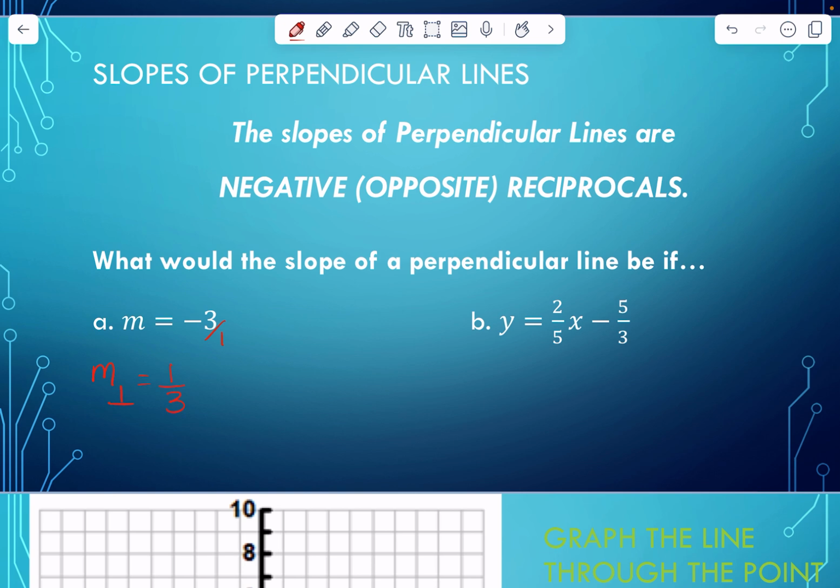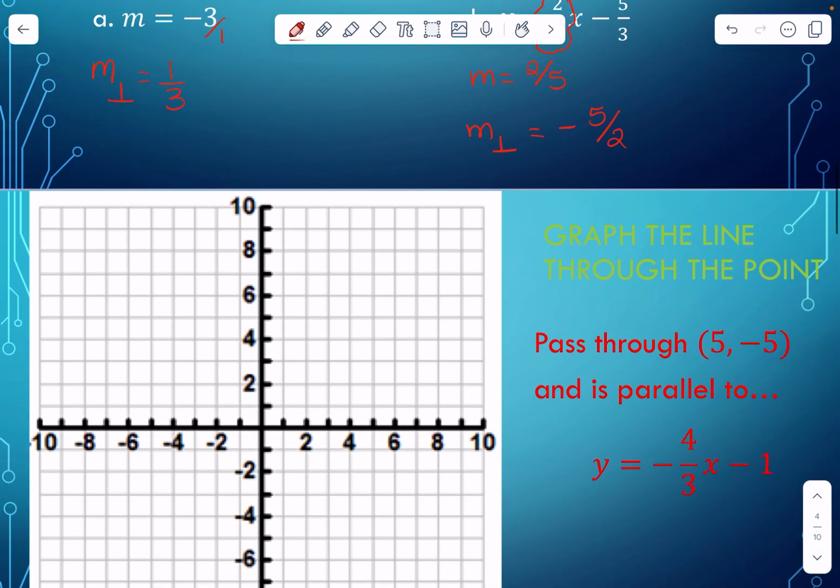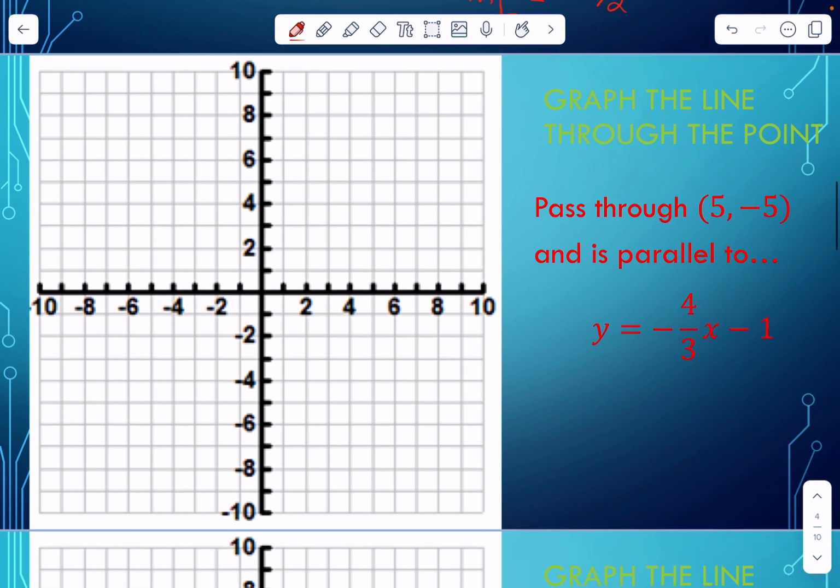So the slope of the perpendicular would be 1/3. Here, the slope of my original is 2/5. So the slope of the perpendicular, we change the sign so it'd become a negative, and then we flip the fraction to 5/2.